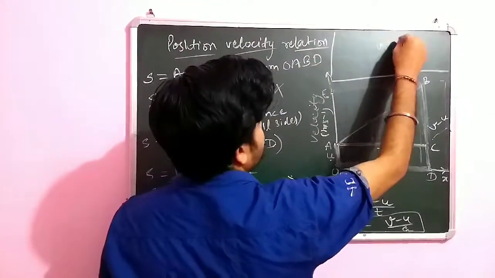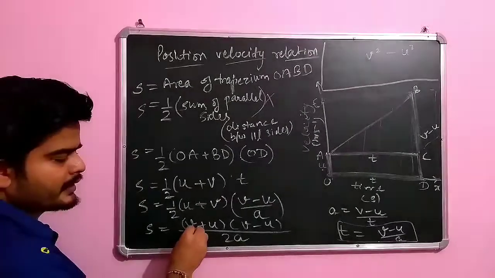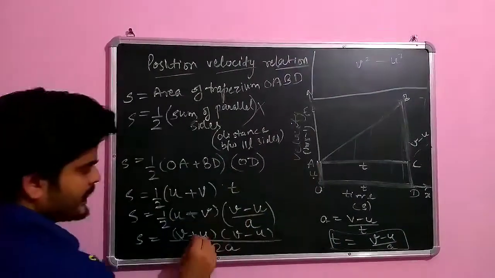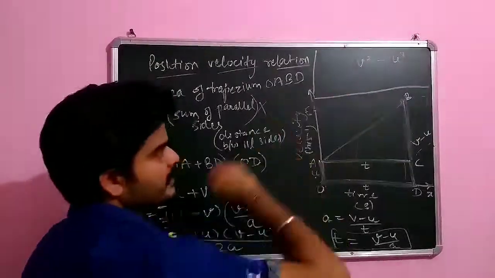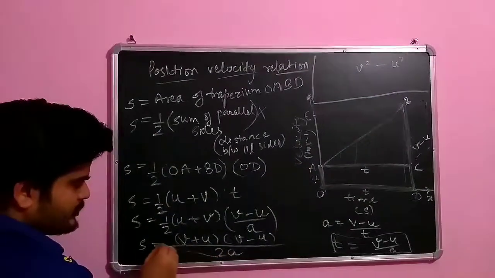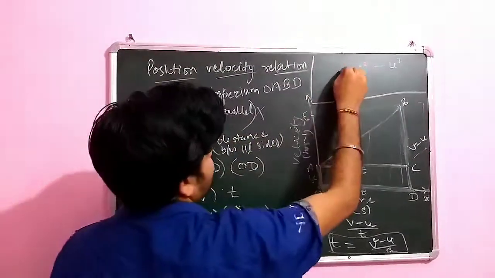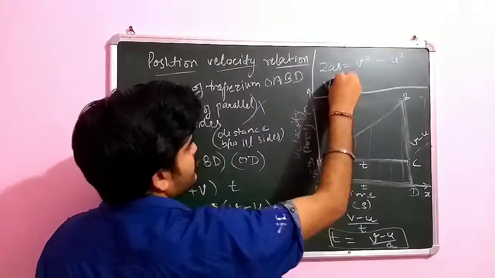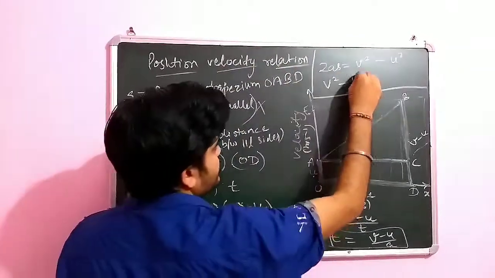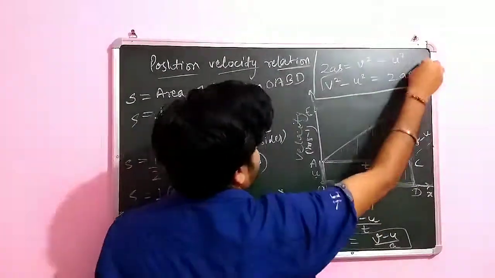Here a was V and b was U. So cross multiplying 2a into S, this is our position velocity relation: V square minus U square is equal to 2aS.